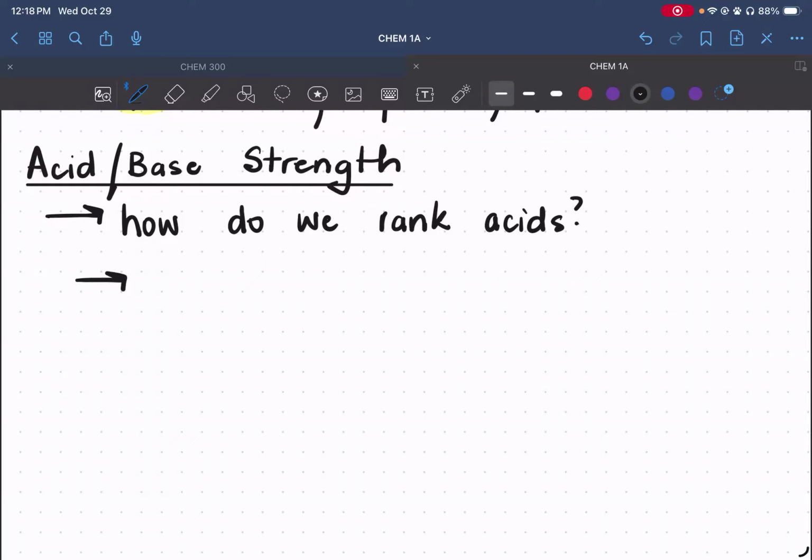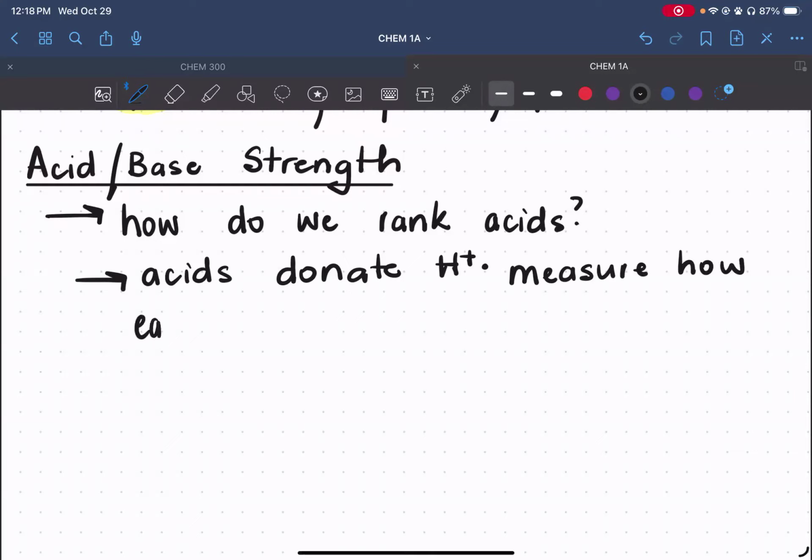Well, we remember our definition, which is that acids donate protons. So if every acid donates protons, then we can, in theory, measure how easily the acid will donate the proton.